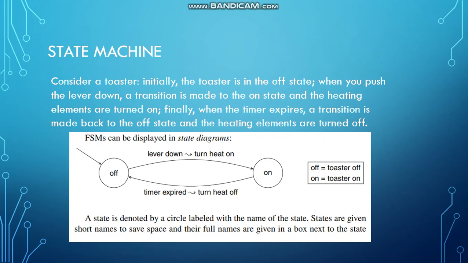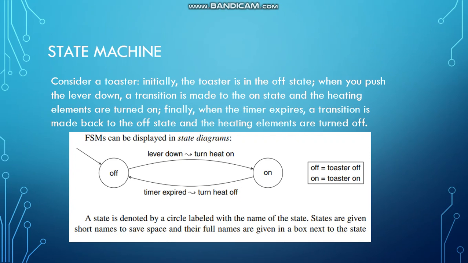So consider a toaster or an oven toaster. Initially, the toaster is in the off state, or power off. When you push the lever down, a transition is made from the off state and the heating elements are turned on. For example, you turn the knob to 3 minutes.